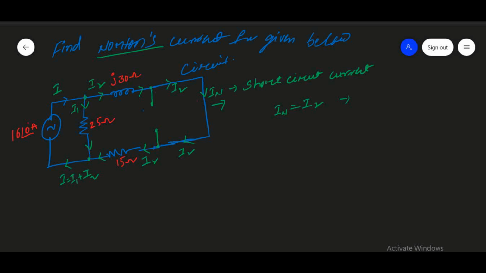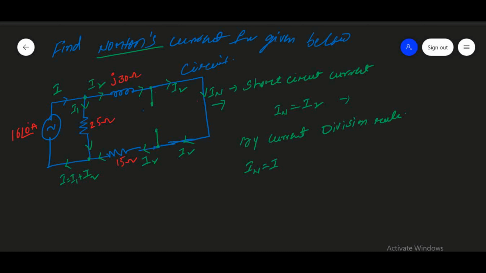By the current division rule, I want to find this I2, that is nothing but IN.